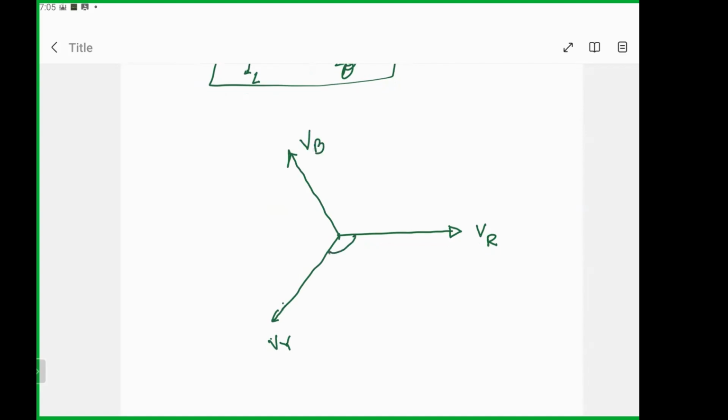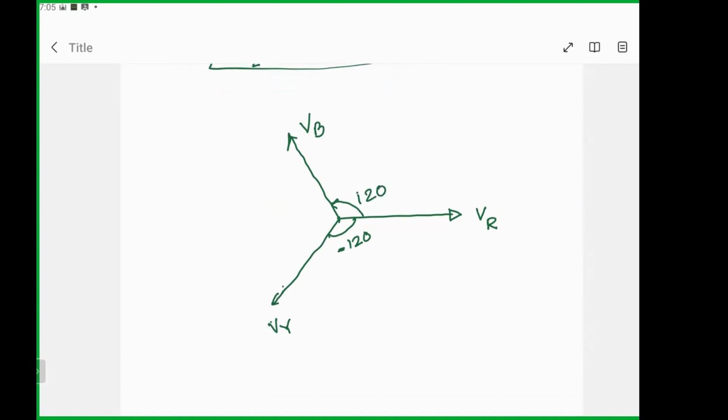We know this angle is 120 degrees and this angle is 120 degrees. This is minus 120 degrees and that one is plus 120 degrees.